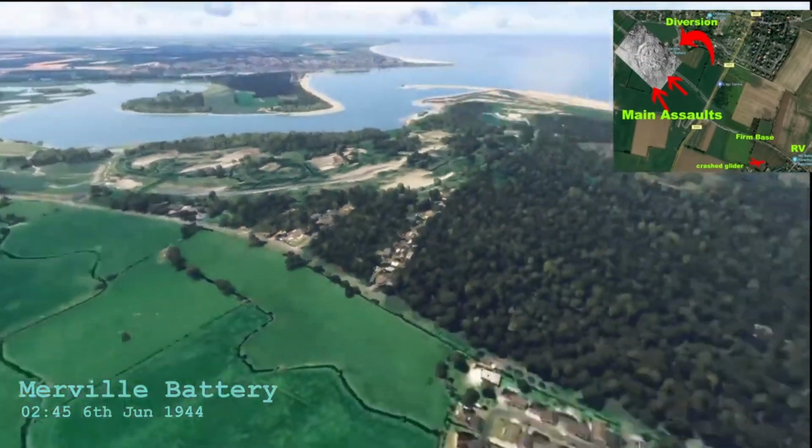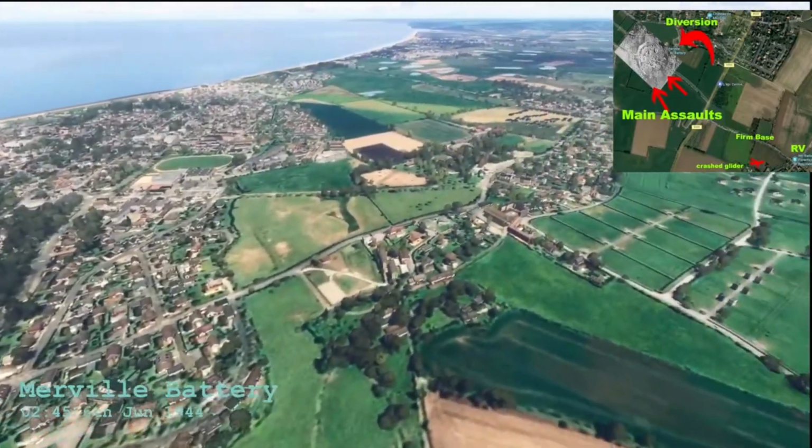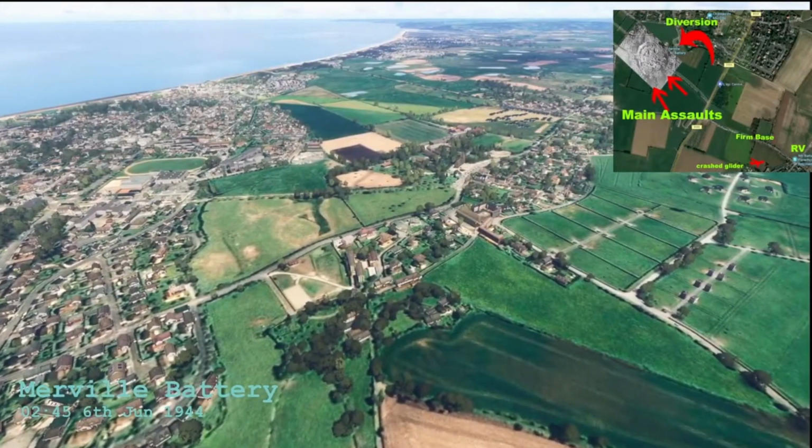He decides to give the job of attacking the battery to Major Dyer.